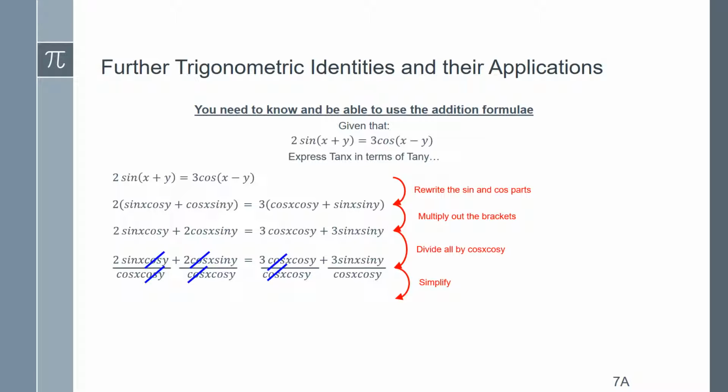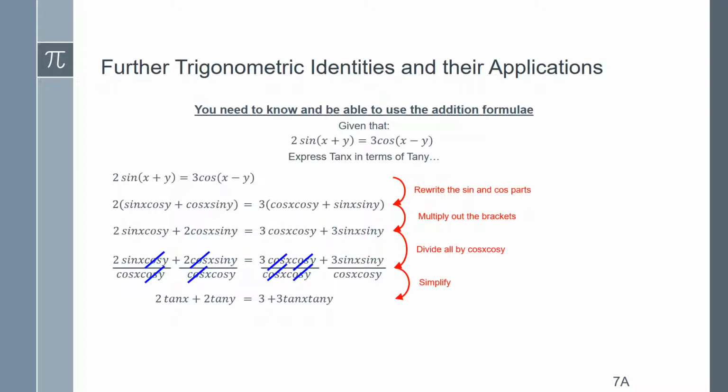The cos x is cancelled there, so left with sine y over cos y. The cos x is cancelled there, so it's cos y over cos y. Oh, and they cancelled as well, and so we end up with 2 tan x plus 2 tan y on the left hand side, just 3 on the right hand side, plus, and then we've got sine x over cos x, sine y over cos y, 3 tan x tan y.